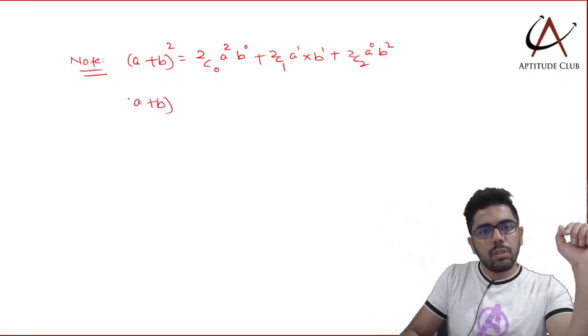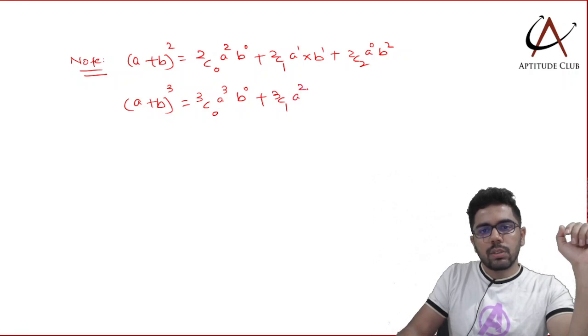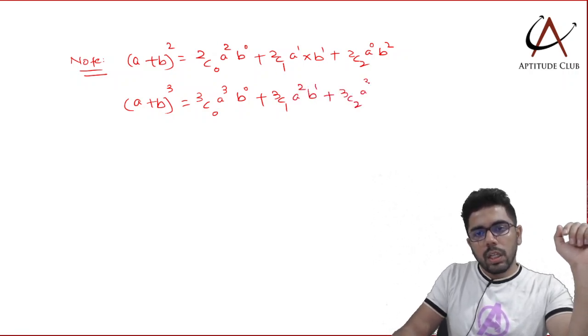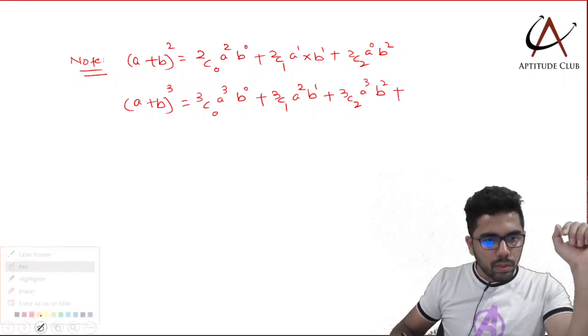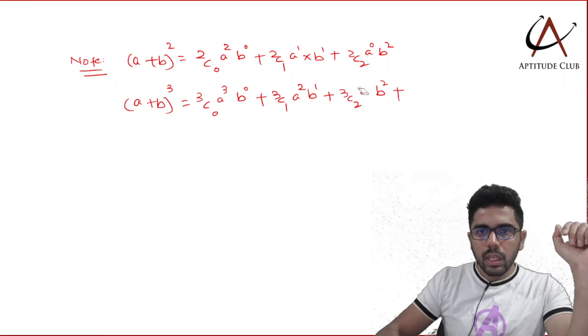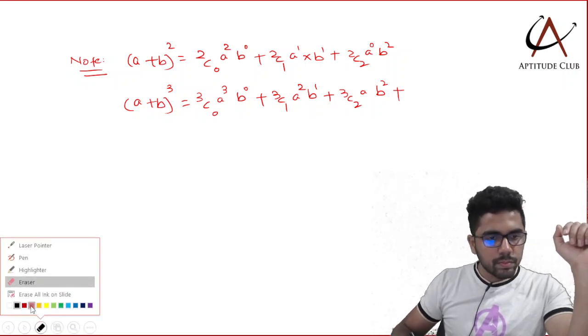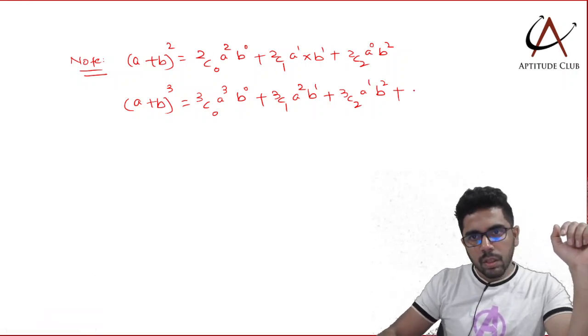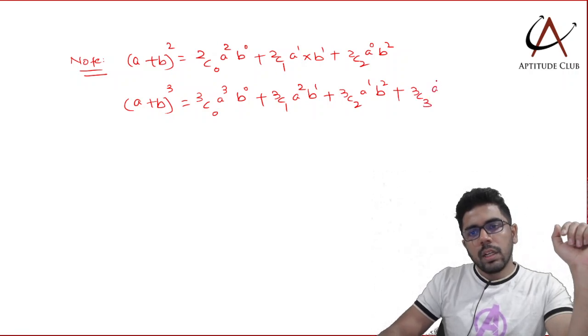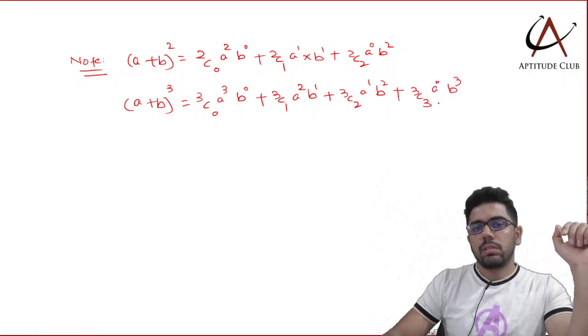Similarly, a plus b whole cube, when I write, it is 3c0, I'll give everything to a and nothing to b. Then 3c1 a square b to the power 1 plus 3c2 a to the power 1 b to the power 2, a एक reduce हो जाएगा, and then 3c3 a to the power 0 b to the power 3.